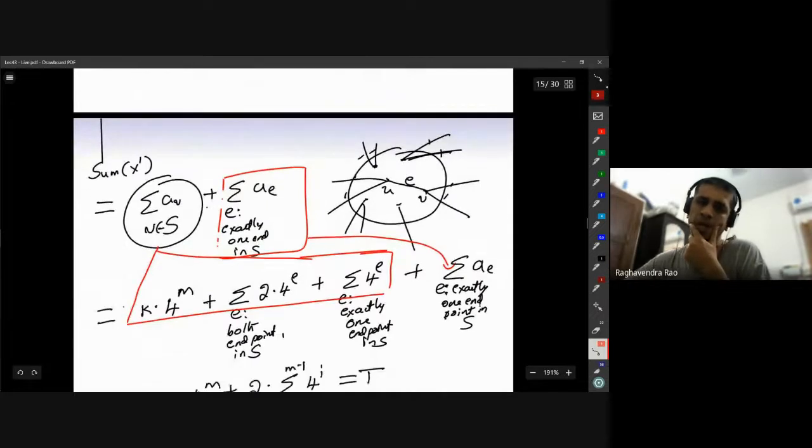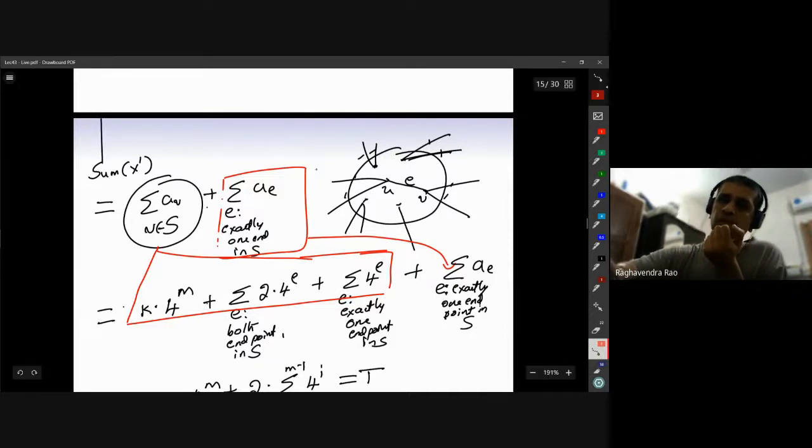Now, for each vertex, we also have 4 to the E for edges which have at least one endpoint in S, right? But we can split these into two sections: those which have exactly one endpoint in S, and those with both endpoints. Suppose U,V is in S, suppose the edge is present.